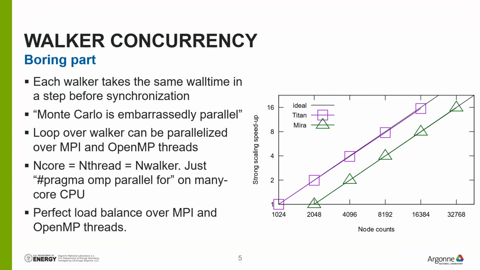That's true to some degree, because if we look at the computation per walker at each step, it's actually a fixed wall time. So each walker is doing the same amount of workload. That's why it can be easily parallelized. So this walker parallelism has been used over MPI and OpenMP threads and always give you almost perfect load balancing. So it's very efficient on modern computers, supercomputers with massive cores, massive ranks.